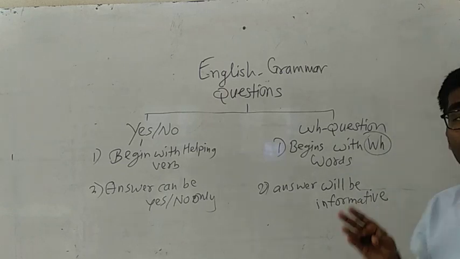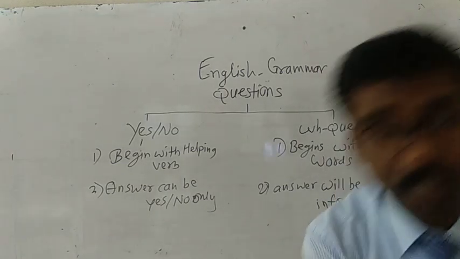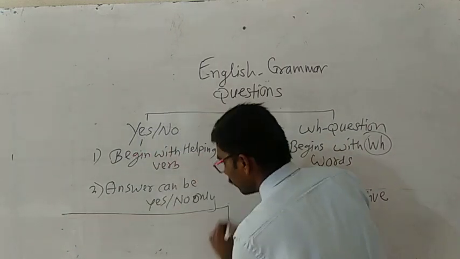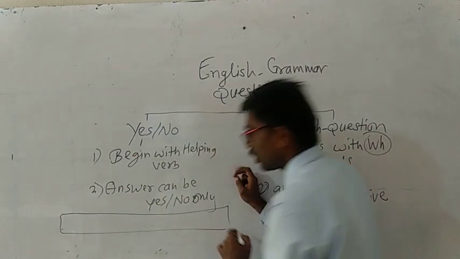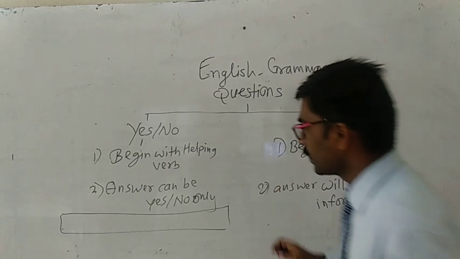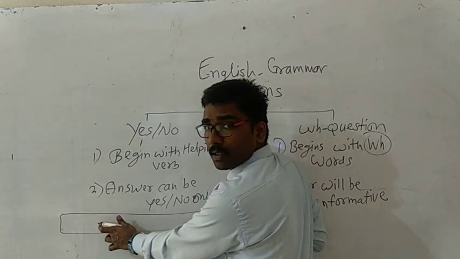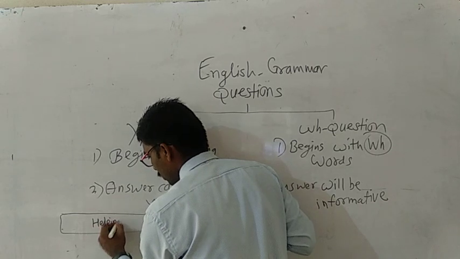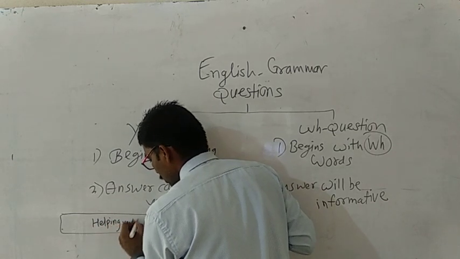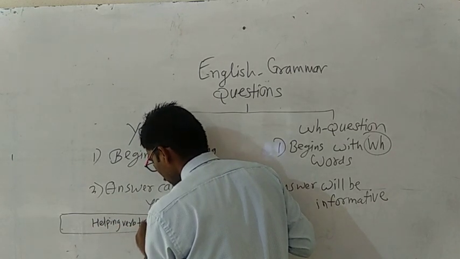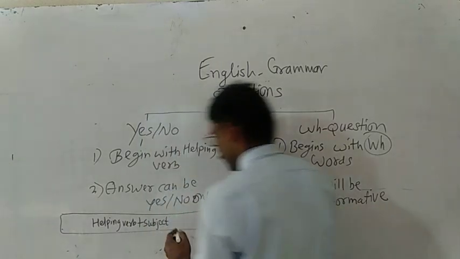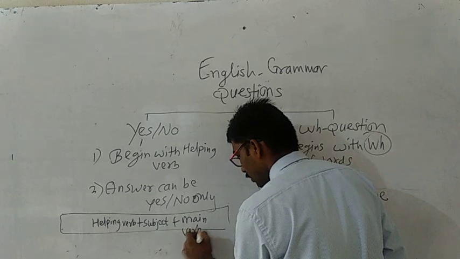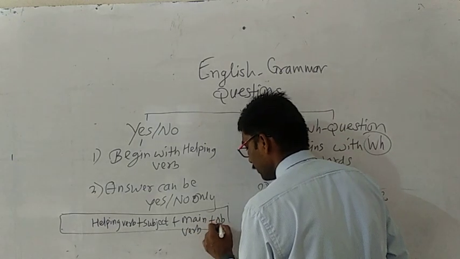And the structures also I want to give you, Raman Goda. The structure of the yes or no type is helping verb plus subject plus main verb plus object.